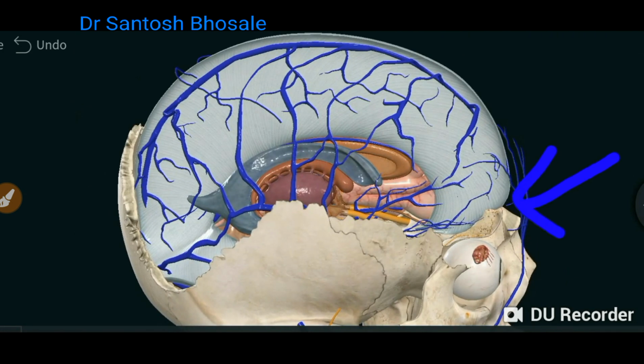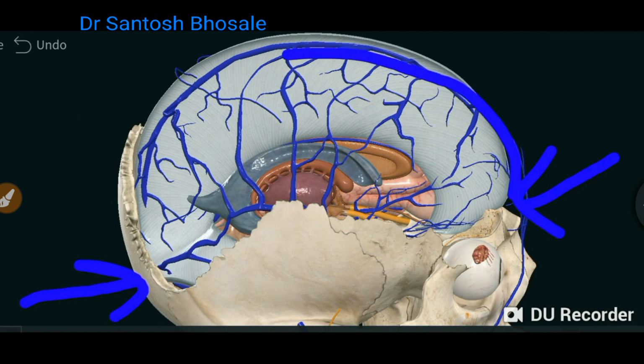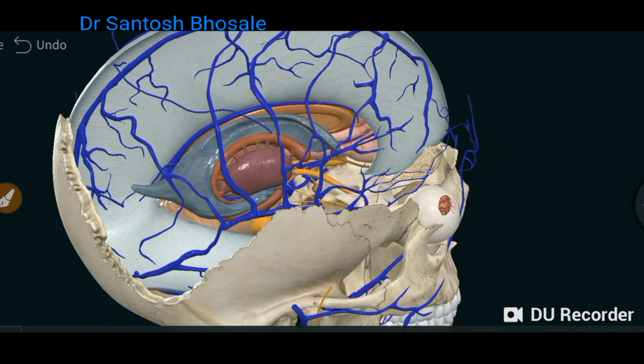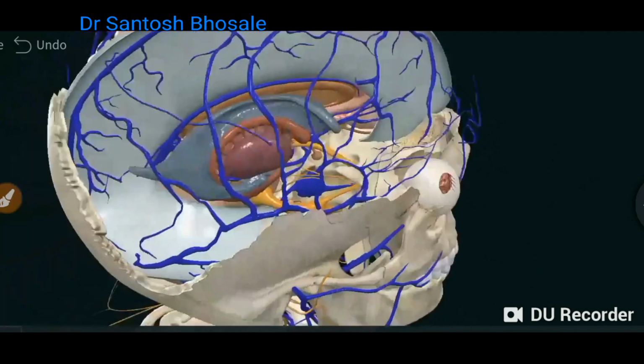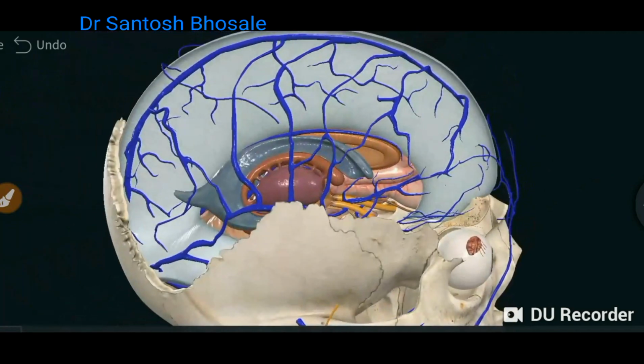So it begins at this point, that is crista galli, and runs and ends here at the internal occipital protuberance, where all sinuses meet at the confluence, and runs along the convex attached margin of the falx cerebri. You can see there how it drains the brain, that is superficial cerebral veins.